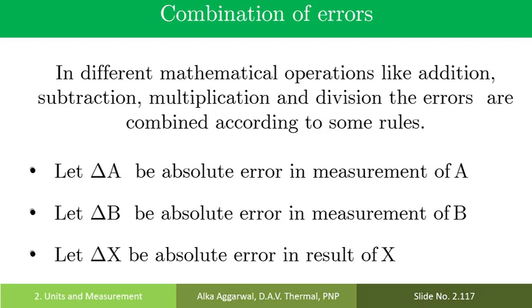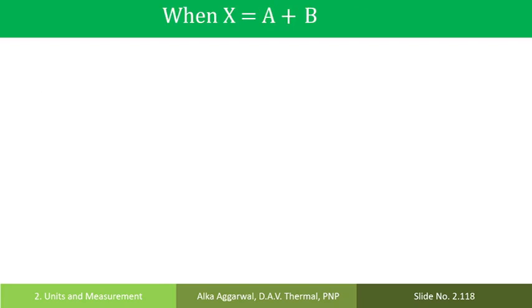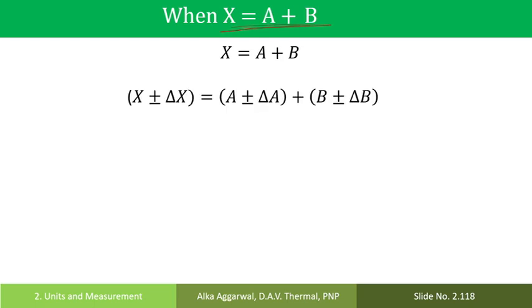Let delta A be the absolute error in the measurement of A, delta B the absolute error in the measurement of B, and delta X the absolute error in the measurement of X, and we are doing the operation of addition. So the result with error is written in this way, where delta X is the absolute error in the result, delta A is the absolute error in the measured quantity A, and delta B is the absolute error in the measured quantity B.